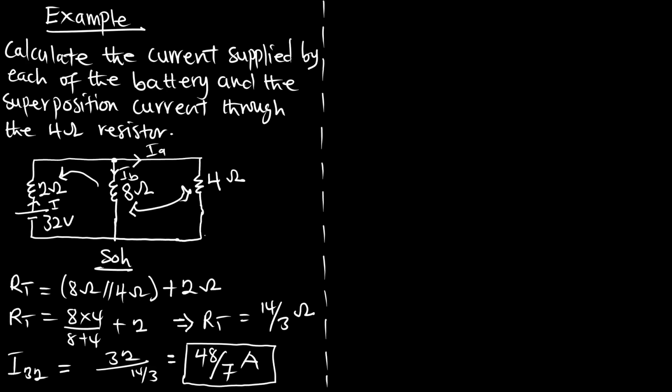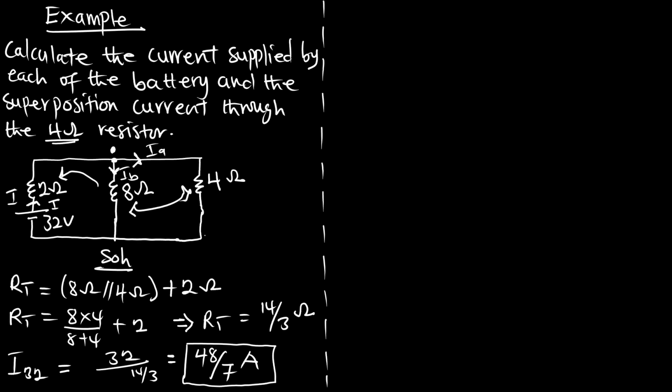Are you okay? But in order for us to know the current through the 4 ohm, let's perform the operation. As this current I, which is known, is going to distribute itself among the 8 ohm and the 4 ohm, let's use the current divider at this junction to know the current IA.